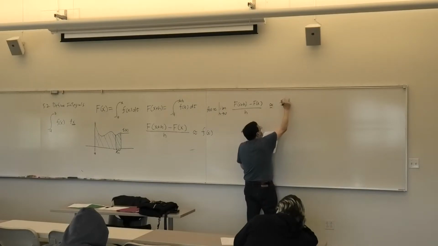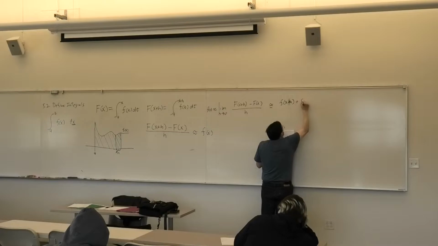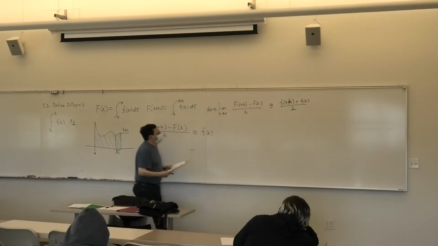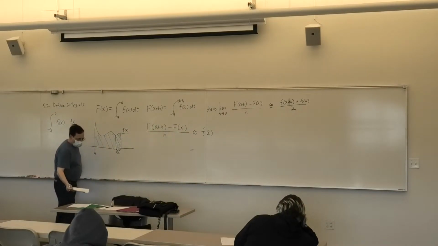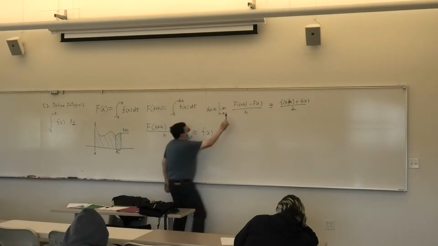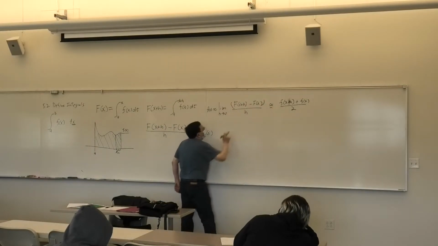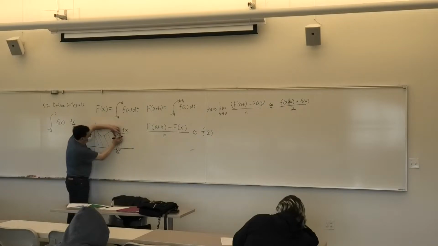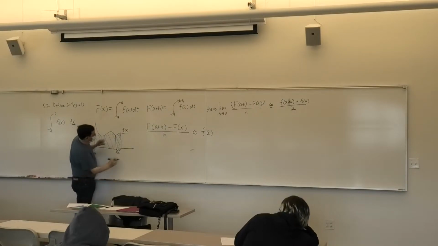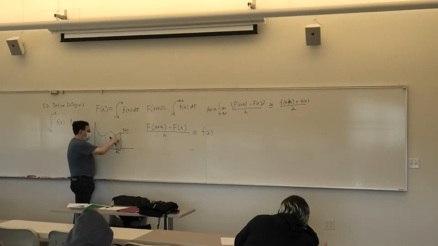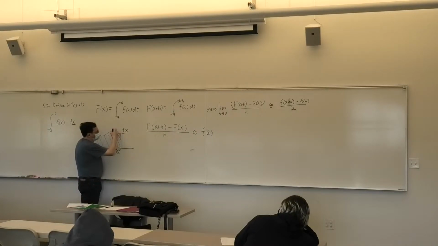This is f of x plus h plus f of x over 2. Now, I want to make that really clear here. This is the area in the green area. If I divide it by h, as this gets very small and is a rectangle, it's approximately the function at one of these 2 points, f of x or f of x plus h or something in between.